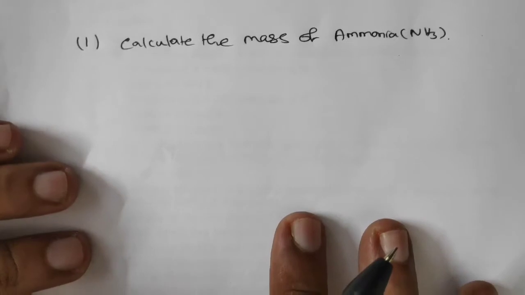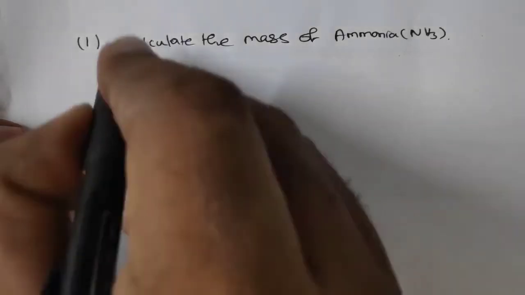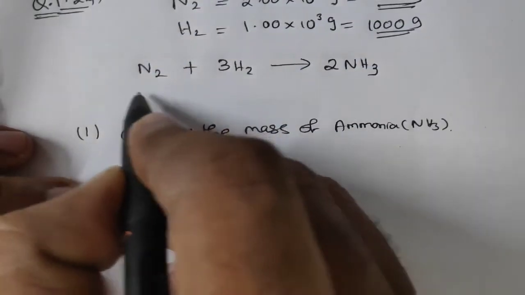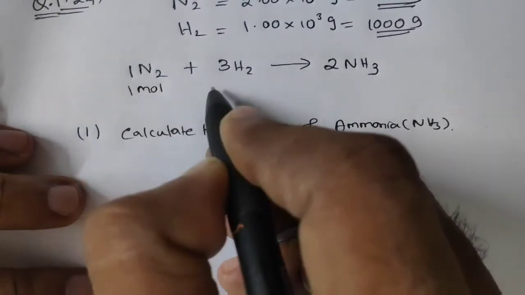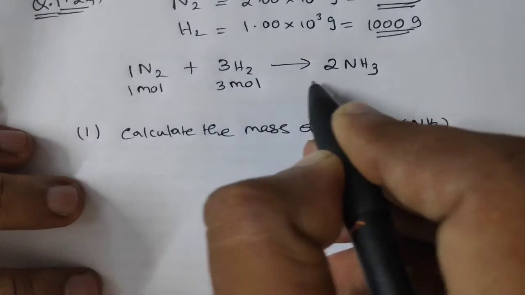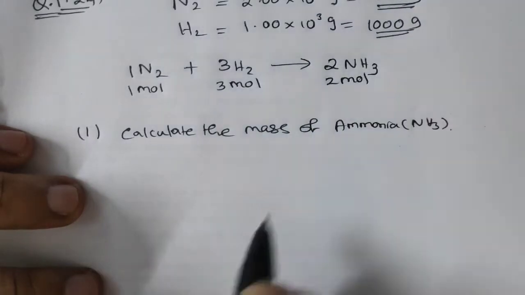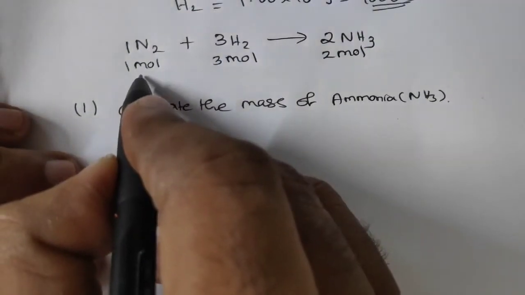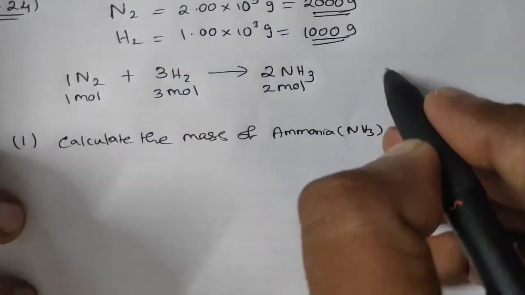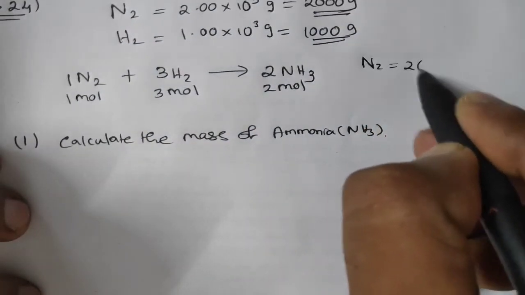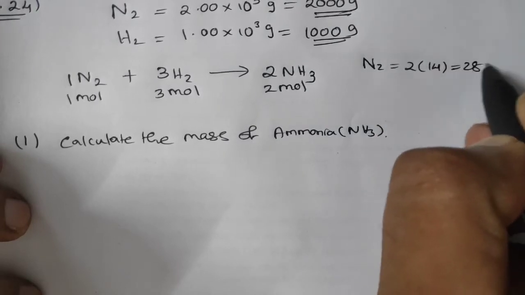Let's see. In the reaction, I can write 1 mole of N2 reacts with 3 moles of H2 to give 2 moles of NH3, right? Now if I convert this into grams, N2 is 2 into 14, which is equal to 28 grams.